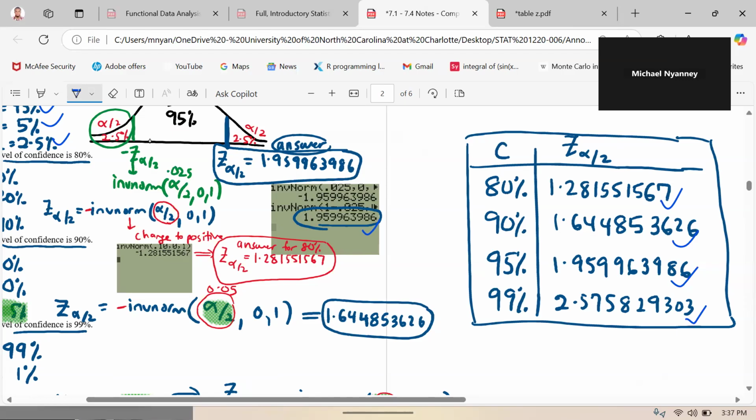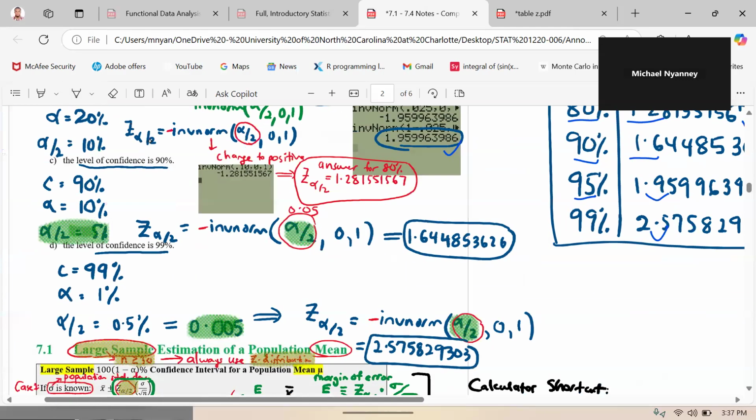As our c decreases, the z alpha also decreases. So if I have c to be 99, this is my z alpha. If I decrease to 95, my z alpha decreases. If I decrease to 90, it decreases. If I decrease to 80, it decreases. If I increase, it increases. So you can note that as well.